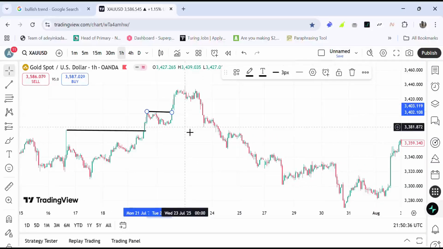Then what do we have here? The market got here and then reversed back. So at this point, you can say this is a change of character.